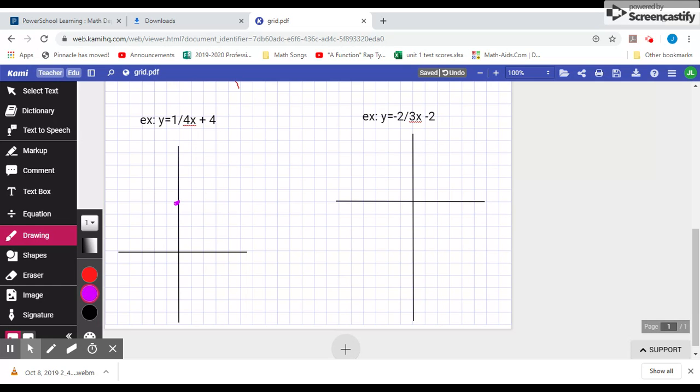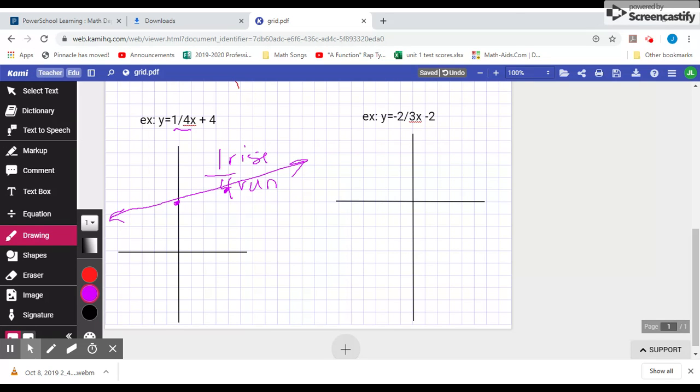My slope here is 1/4, 1 being the rise, 4 being the run. So we're going to go up 1 spot and over 4: 1, 2, 3, 4. When I connect those 2 dots to draw my line, it's going to look something like this. Okay, so that's example 1.